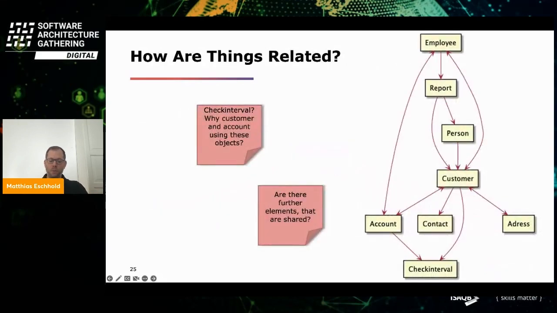To learn how the things are related, we have to enlarge the circle of used, used-from, and depends-on dependencies. We do the same for the account. And then we notice that the class check interval, which looks like a potential value object, is used by the account and the customer. Why is this the case? And we also want to identify similar cases.